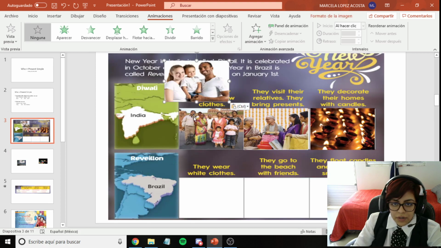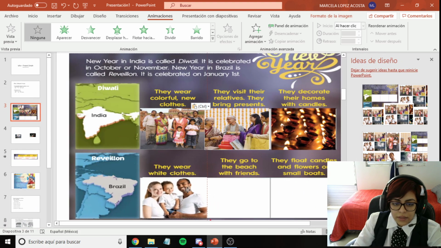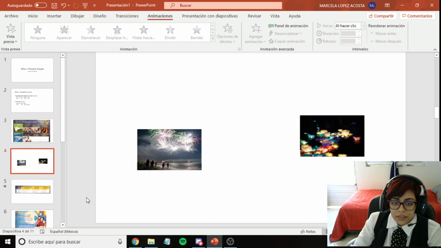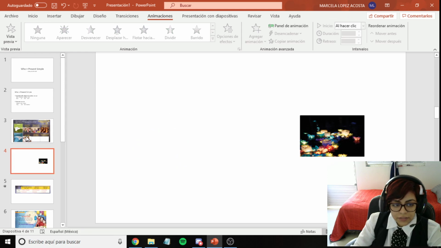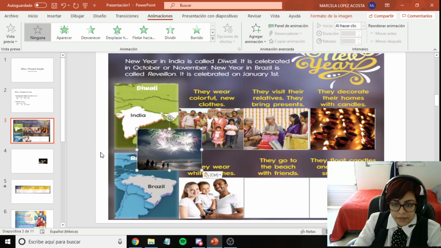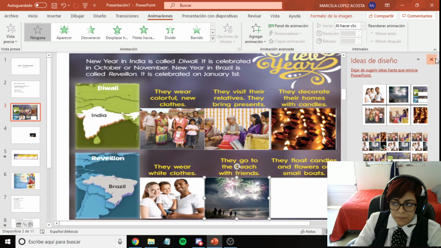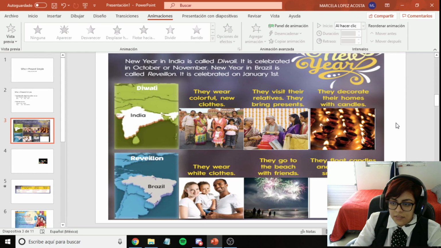So they are wearing white clothes. In Brazil, they go to the beach with friends. Who are going to the beach? Where is the beach? Ah, it's right here, right? So we're going to take it and paste it right here. They go to the beach with friends.